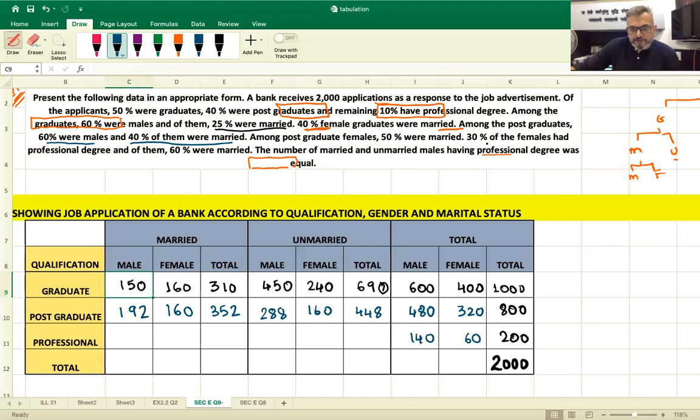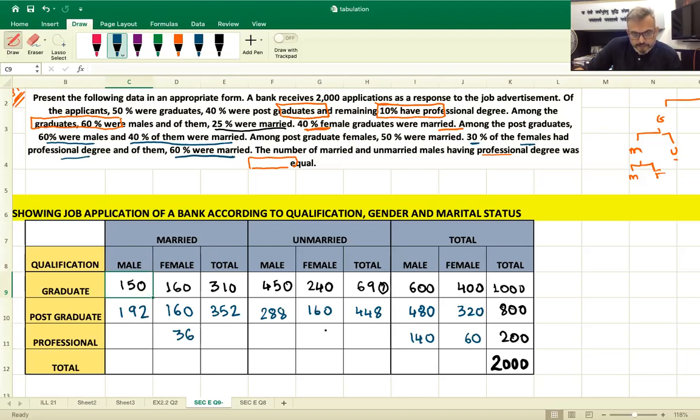Now 30%, that is 60 females, and of them 60% were married. So 60% of 60 is 36 married, and 40% unmarried.